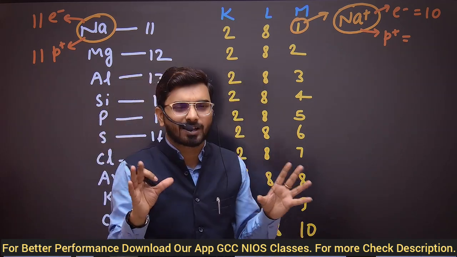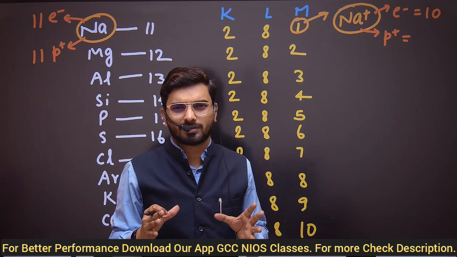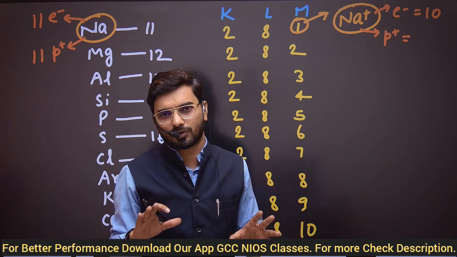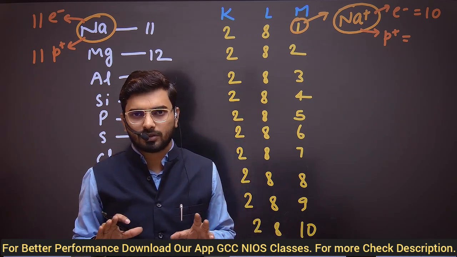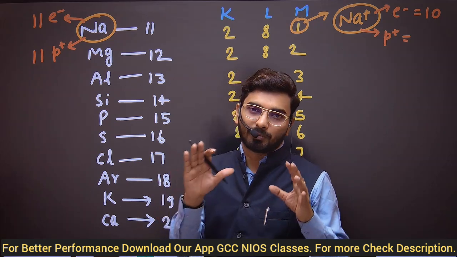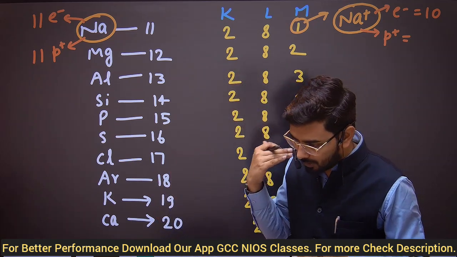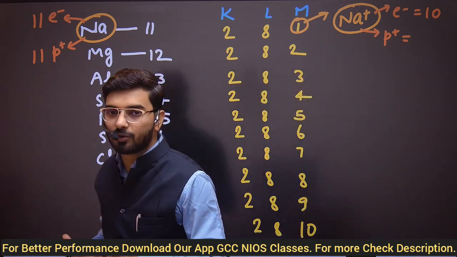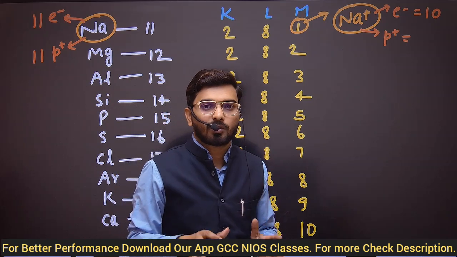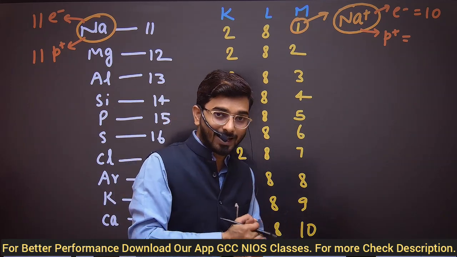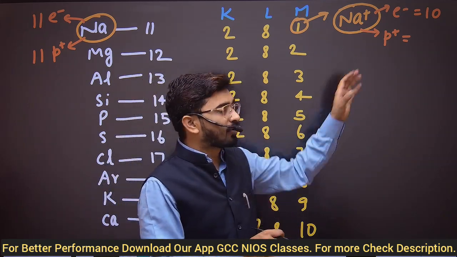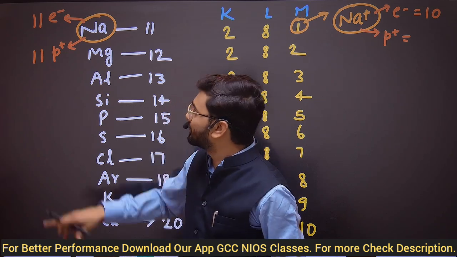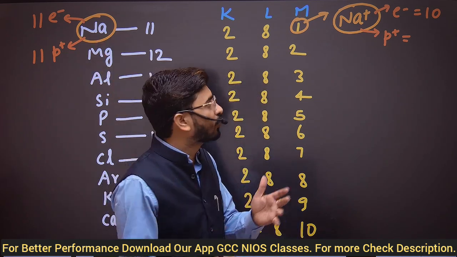Protons are not mobile, not allowed to move. Only electrons are mobile and can move from one element to another. That's why the number of protons will be the same in Na and also Na plus.